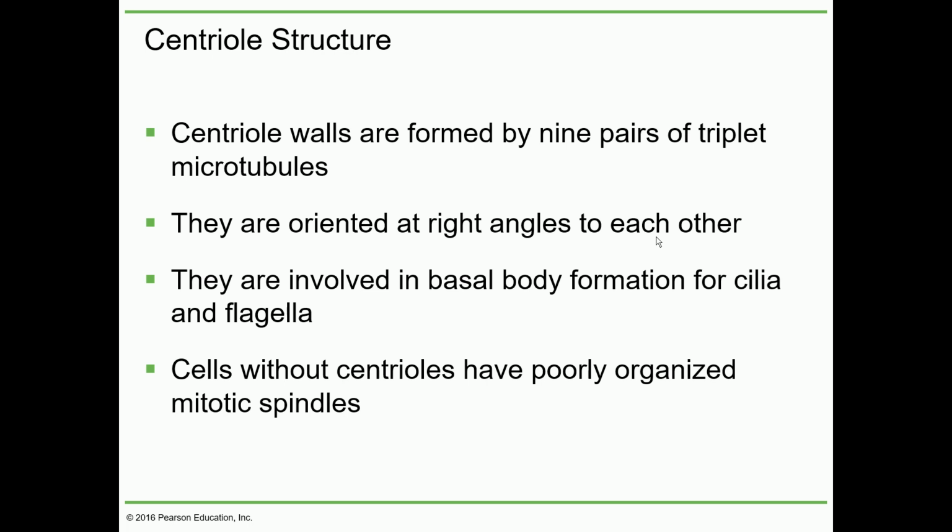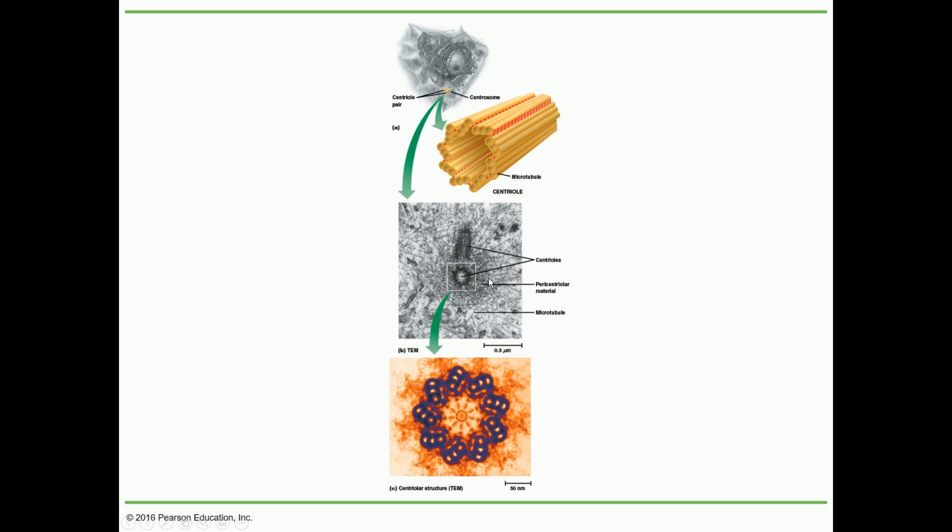And this basically, you can just go over it. It talks about the structure of the centrioles, those rod shaped structures which are sitting perpendicular to each other. They are formed by 9 sets of triplet microtubules, and you can see here.